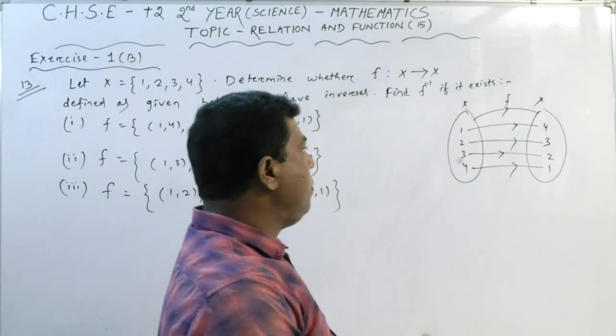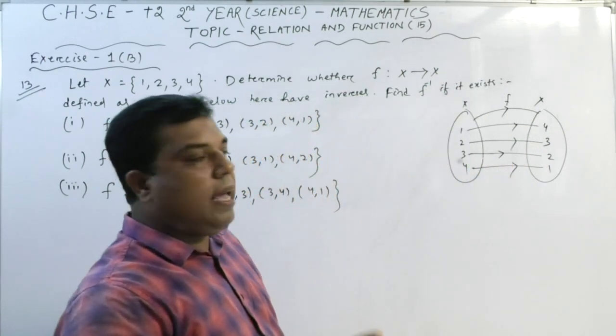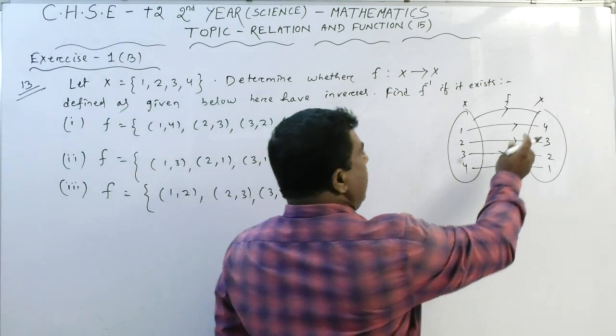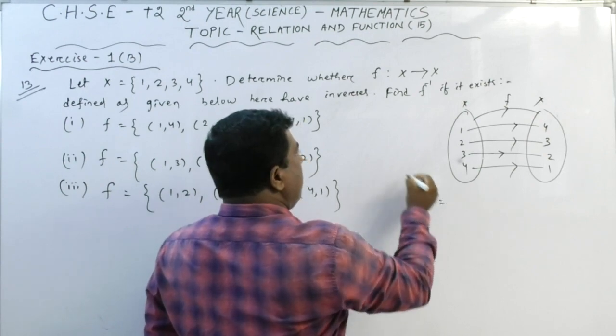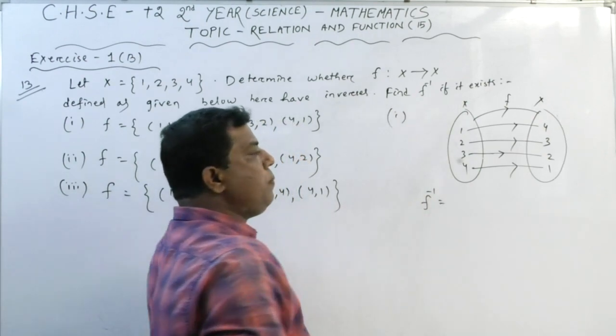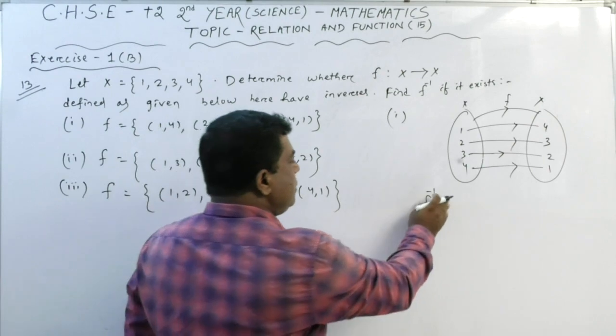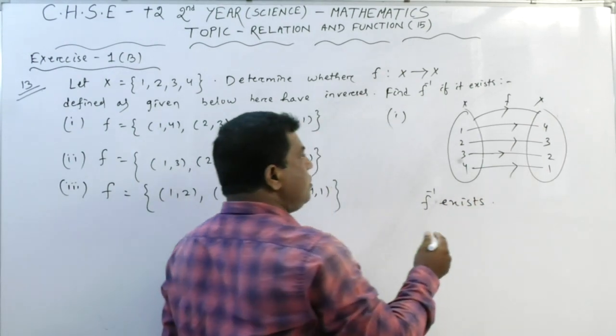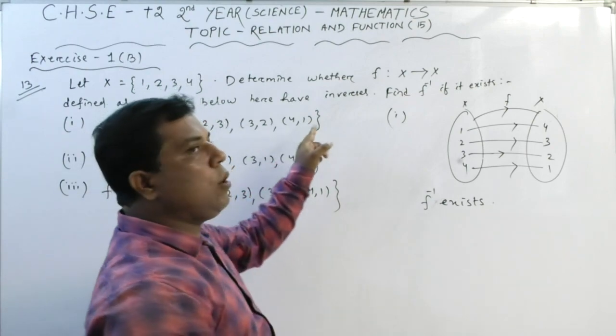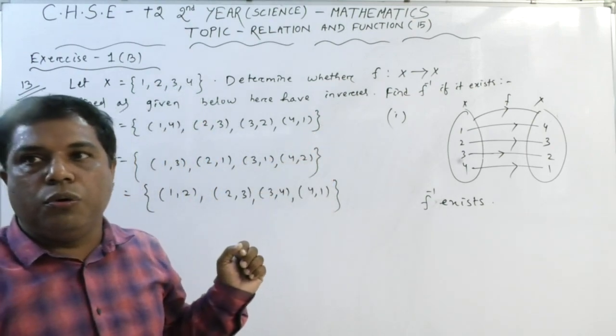So what is f inverse? Now you can say f inverse can be found, as 4 has the pre-image 1. So f inverse exists because the original function f is one-one and onto.